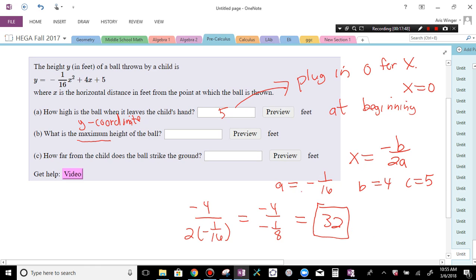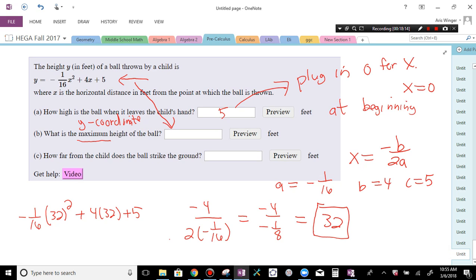And you need to take that 32, plug that in here, and then that is the answer that goes there. So then we're talking about negative 1 over 16 times 32 squared plus 4 times 32 plus 5. Whatever that number is.